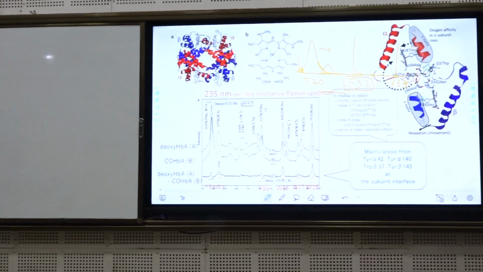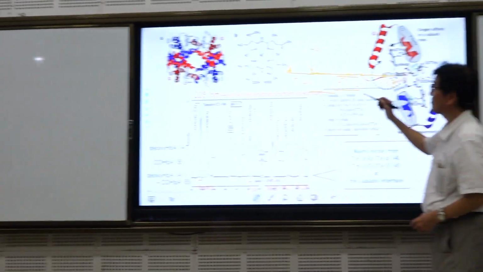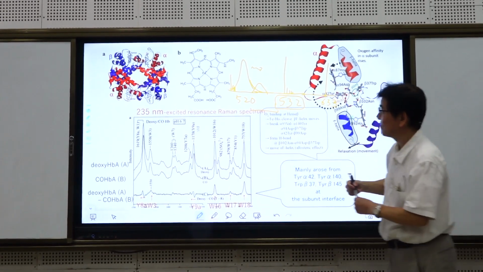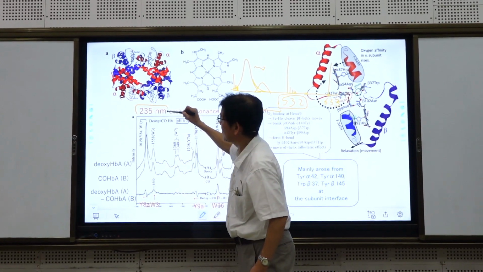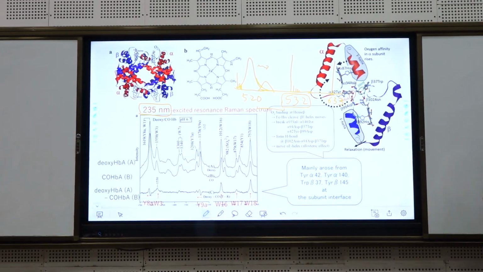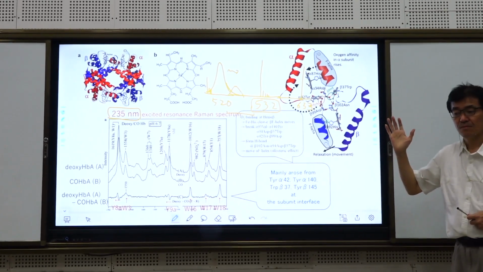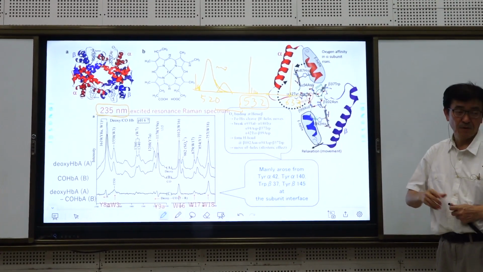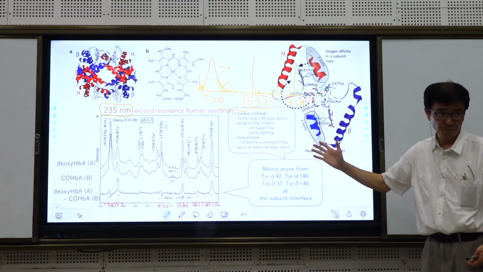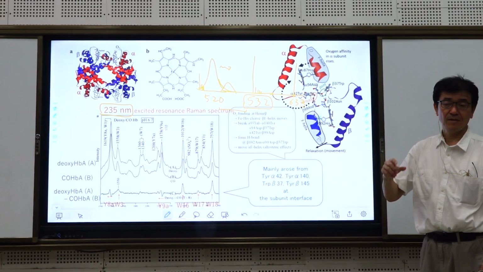But 235 nanometer UV radiation is too strong for biological samples. Is it not too strong for a biological sample? Right, you're right. In my experience, I use 229 nanometers, and the sample concentration is 1 milligram per milliliter or so.